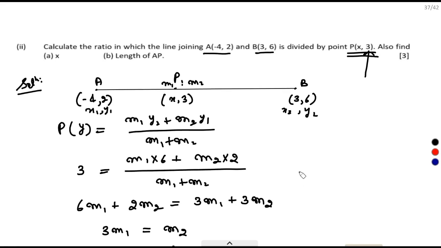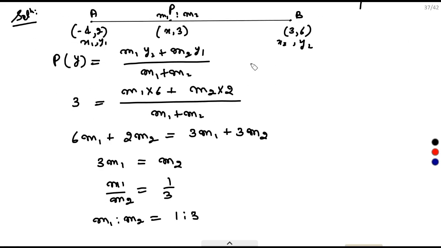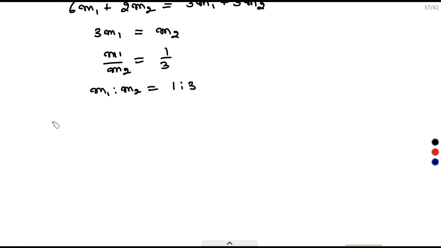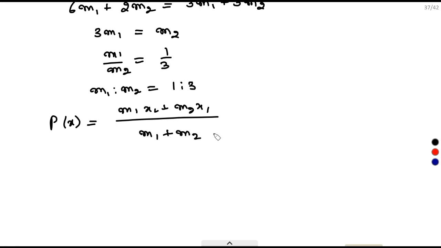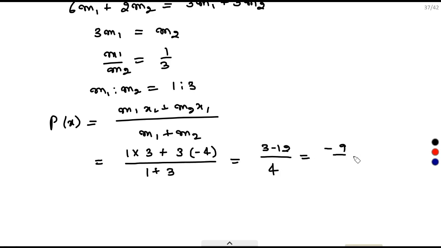Now we have to find x. X is the x coordinate of P. By section formula, x coordinate of P will be given by m1 x2 plus m2 x1 divided by m1 plus m2. Put the given values. Minus 9 by 4, x is equal to.